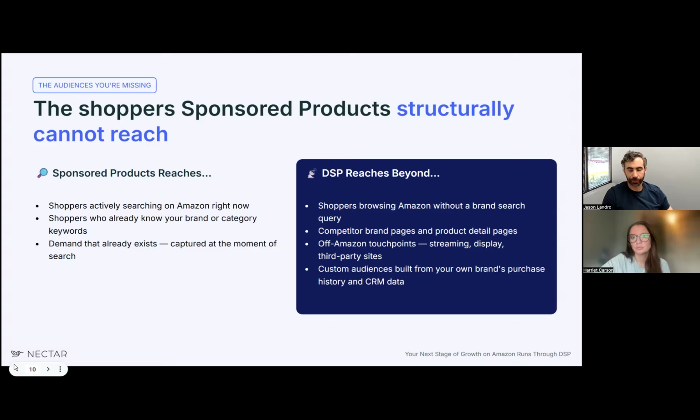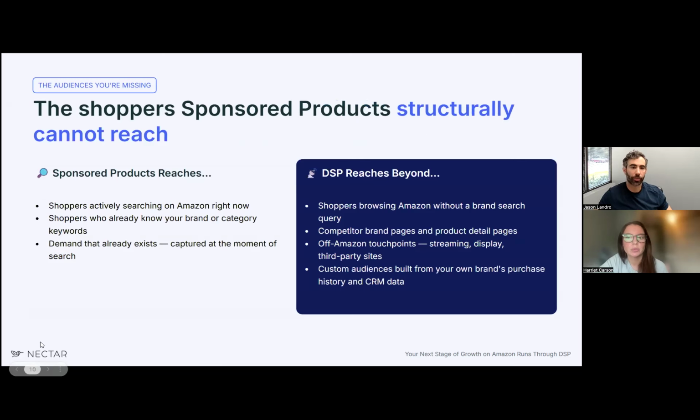And now with AMC, you can do that to make sure that you're not oversaturating or cannibalizing one with the other, in addition to unlocking new audiences that'll be incremental and help you grow your sales and market share.